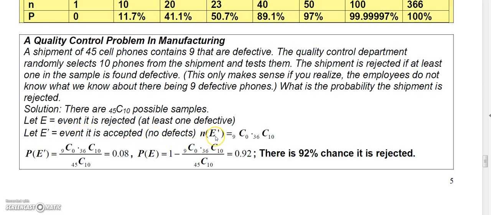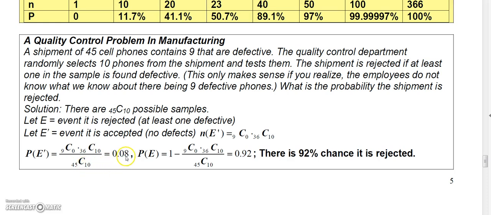So the number of ways to have none defective would mean out of the 9 defective phones we chose none of them, and out of the 36 good phones we chose all 10. So the probability of none defective would be 9 choose 0 times 36 choose 10 over the total number of samples possible, which is 45 choose 10, and that's 0.08.